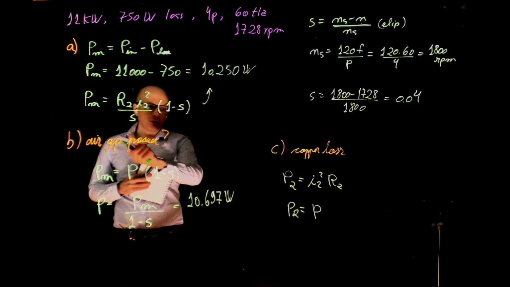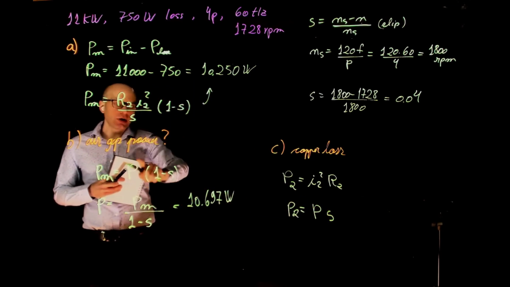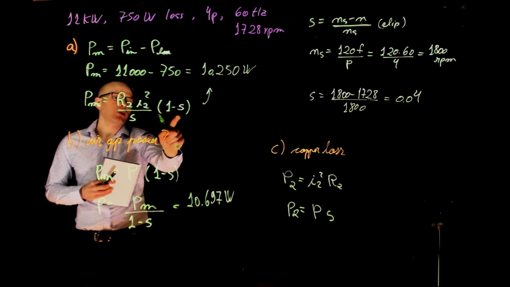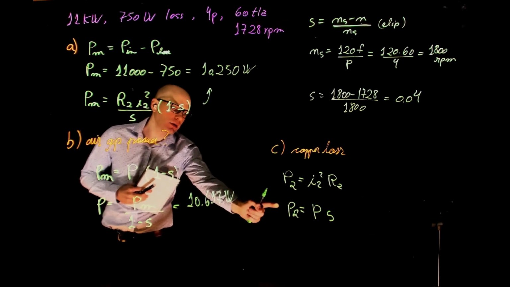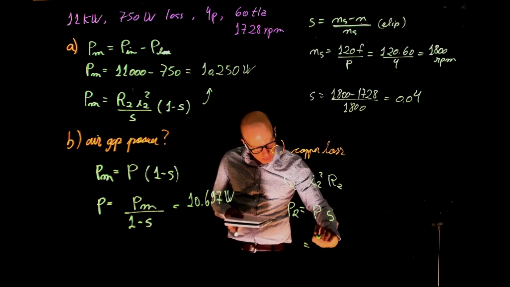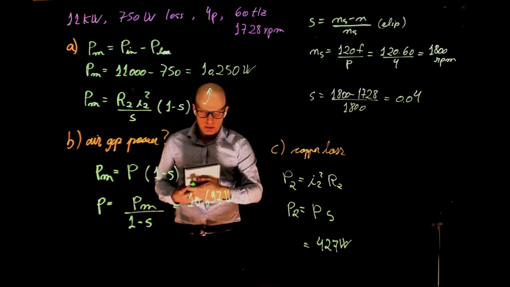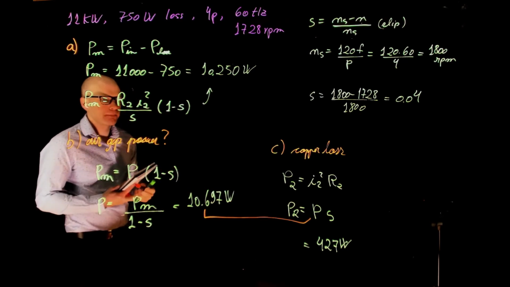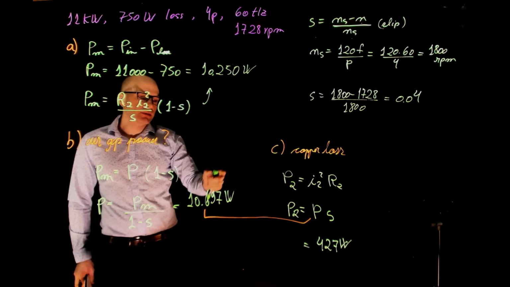Times S. Yeah, times S. So the power in the air gap multiplied by 1 minus S gave us the mechanical power. The rest, which is S, is the power dissipated in the winding, which is 427 watts. This P is this P here, and this S is the S there. Which is basically the difference between these two, that minus that.